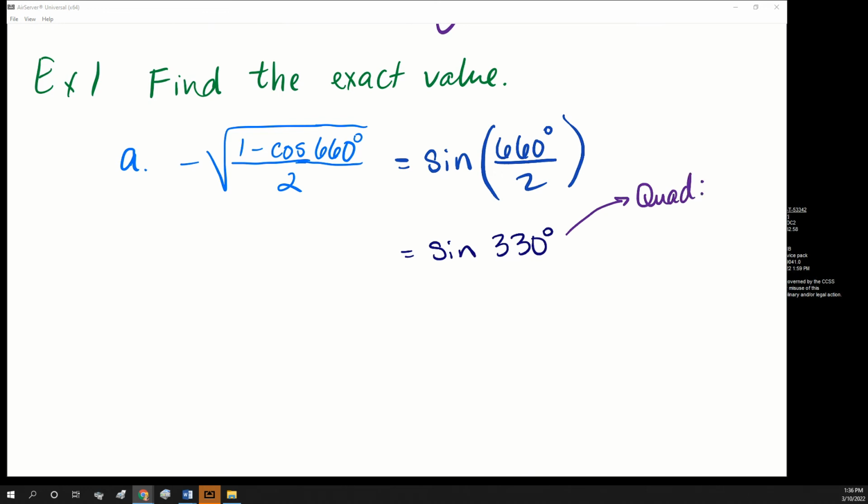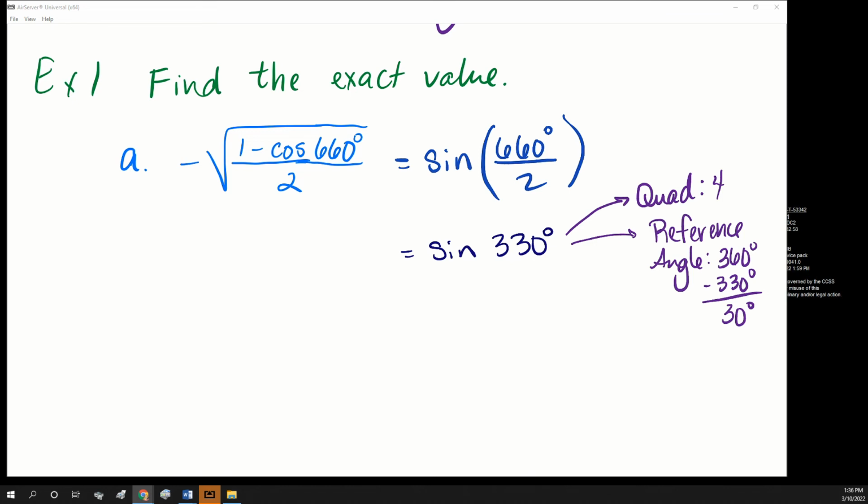So 330 degrees is in quadrant 4. And then, just like the old days, we're going to find the reference angle. So the reference angle in quadrant 4, you take 360 degrees and subtract the angle from it, and that gives you an angle of 30 degrees. So 330 degrees is a multiple of 30 degrees, and you probably already knew that.